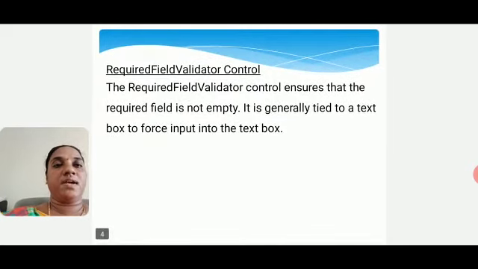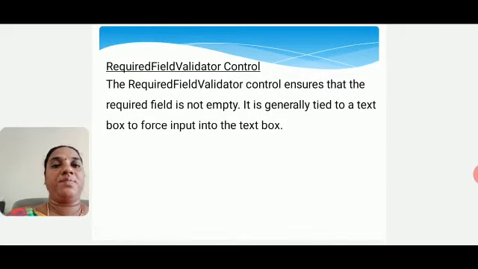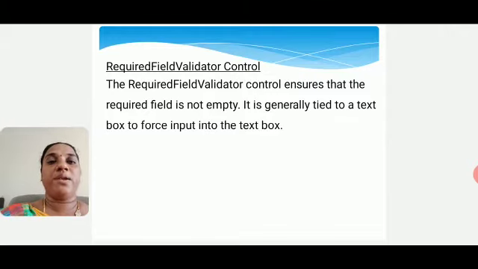The first control is the required field validator control. The required field validator control specifies that we should not leave a text box empty. Whenever a text box is continuously requiring a value, definitely we have to give the value. It should not be empty.